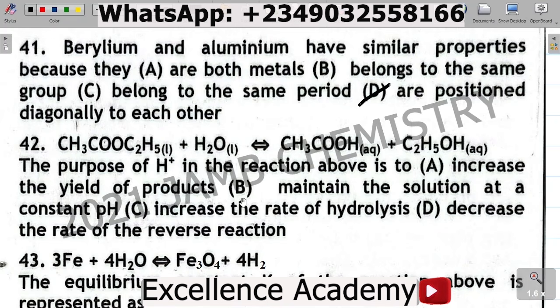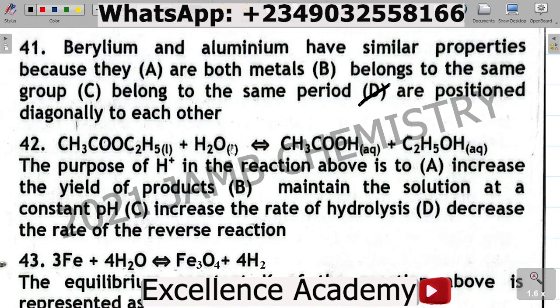Now for this question, you want to note that H plus, which is hydrogen ion, for this particular reaction acts as a catalyst, more specifically an acid catalyst, and it aids ester hydrolysis. What you have here, ethyl ethanoate, is an ester, and this reaction is the hydrolysis of an ester.